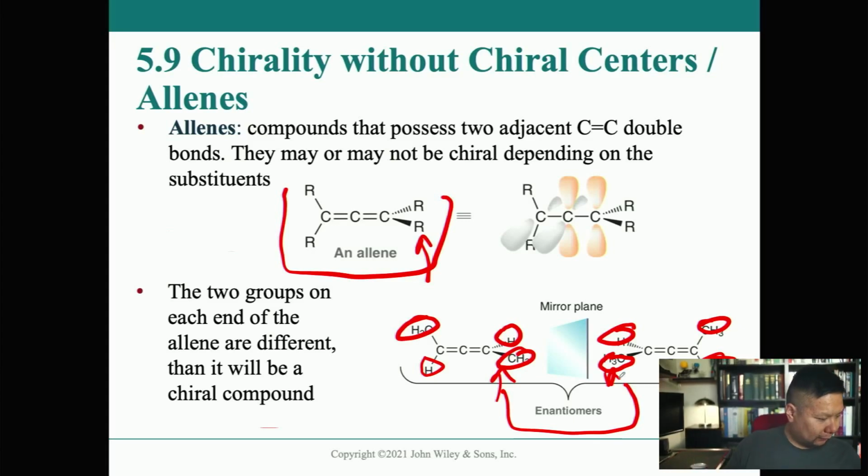Actually, I can show you by building it for you. What happened to my double bond one? Oh, I used it for the auction. Let me just build it for you real quick. That's why it's handy to have a molecular model kit around.